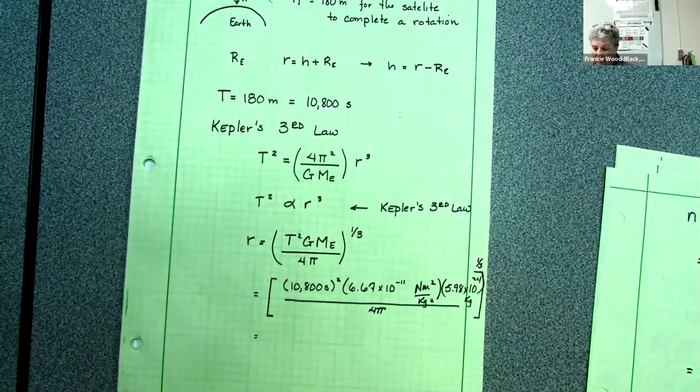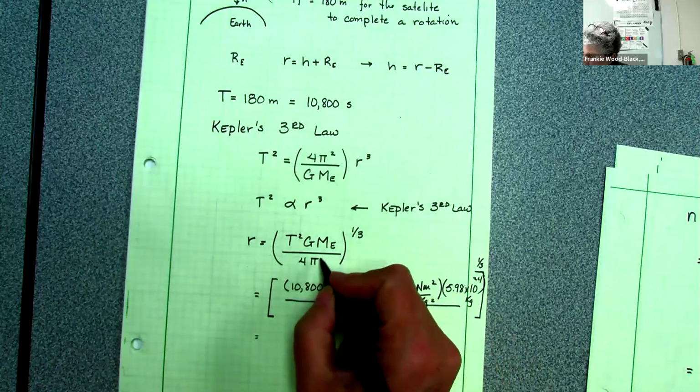So I'm going to square that, multiply it by 6.67 times 10 to the minus 11, times 5.98 times 10 to the 24, divided by 4 times pi times pi.